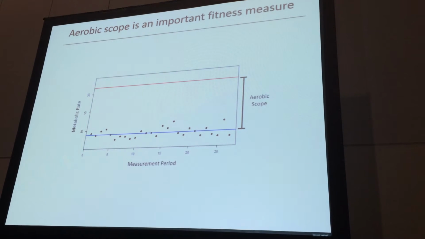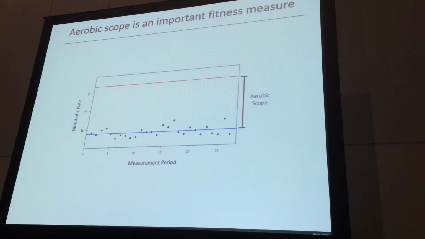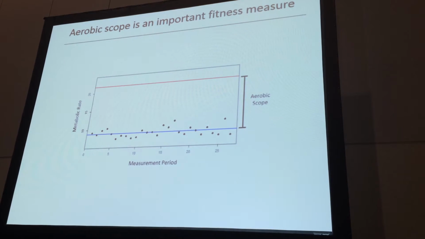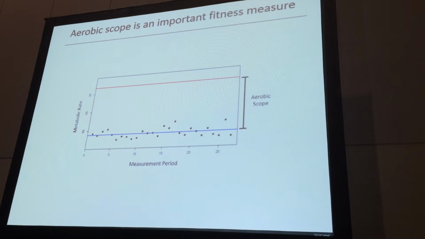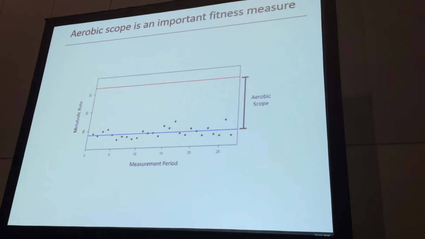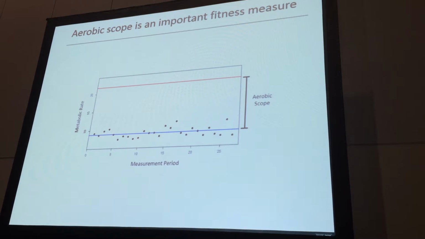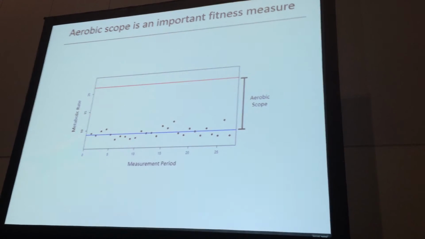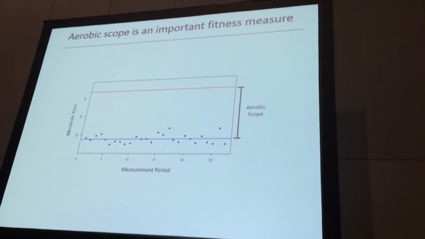This can essentially be thought of as your free energy that you have to put towards things like reproduction, growth, mounting immune response, locomotion, so avoiding predation, capturing prey, and so forth. To capture this measure, you measure resting metabolic rate. You can then chase fish to exhaustion to get maximum metabolic rate, and then just compare the difference between those two values.